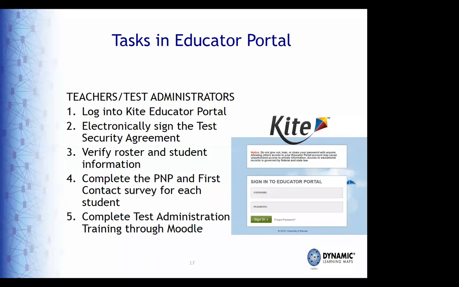So you log into Kite Educator portal. You'd electronically sign the test security agreement. Your rosters would need to be set up, so you would verify your roster and student information. And then you would need to complete the PNP and first contact survey for each student and complete your test administration training through Moodle. These are the same things that you would do for the spring assessment.